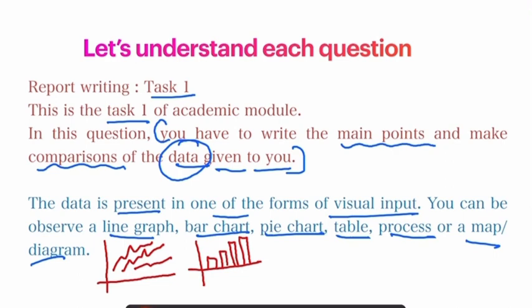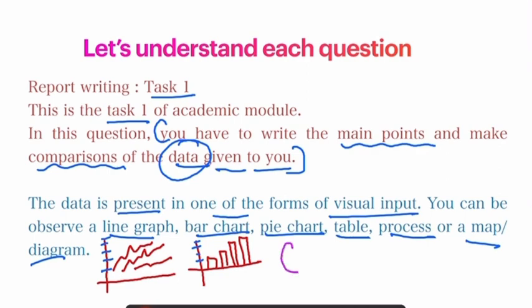In both of these visual inputs, you have to comprehend the values from the vertical axis. Sometimes it can be a difficult task. Some values can be very near to each other, so you can use the adverb approximately to mention the values.